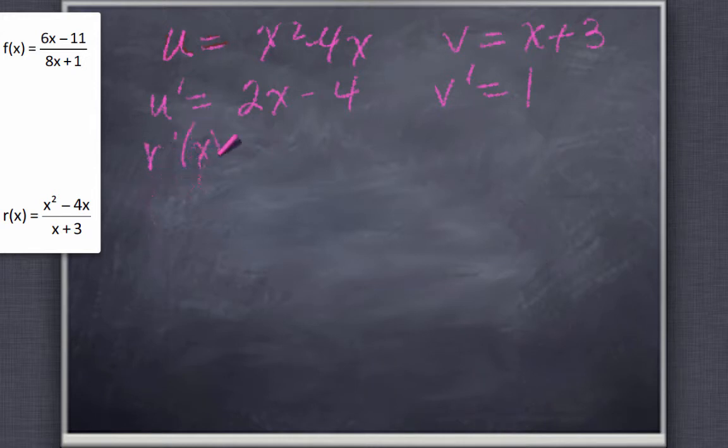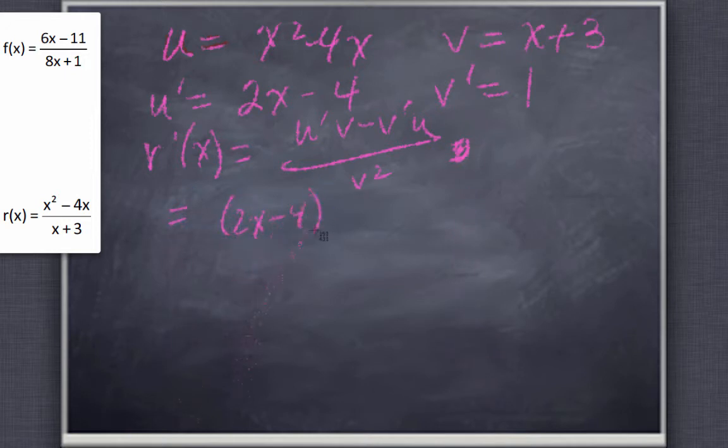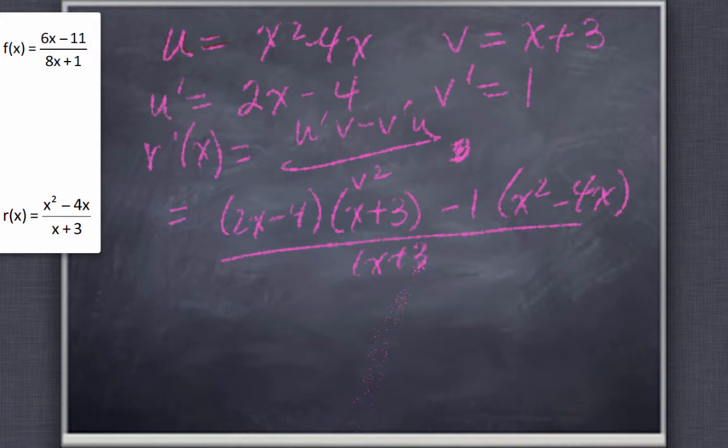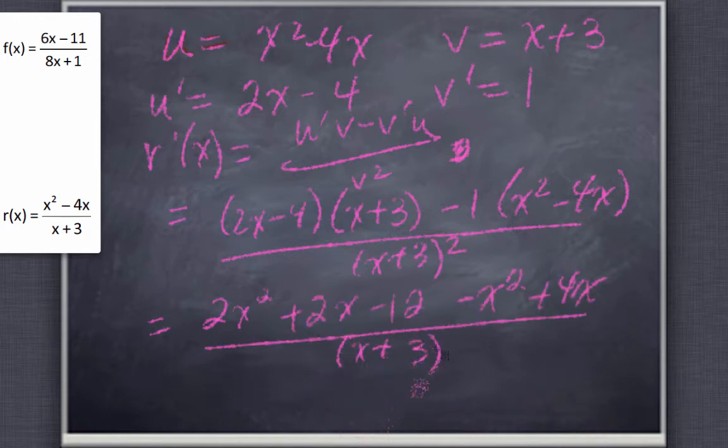So r prime x, u prime v minus v prime u over v squared, equals 2x minus 4 times x plus 3 minus 1 times x squared minus 4x over x plus 3 squared, equals, so I'm going to FOIL this: 2x squared minus 4x plus 6x is plus 2x minus 12 minus x squared plus 4x over x plus 3 squared.